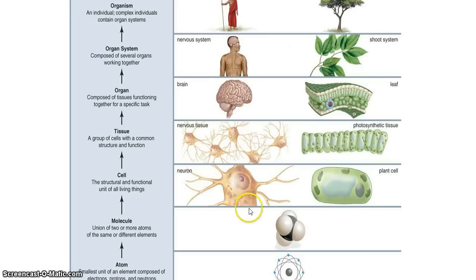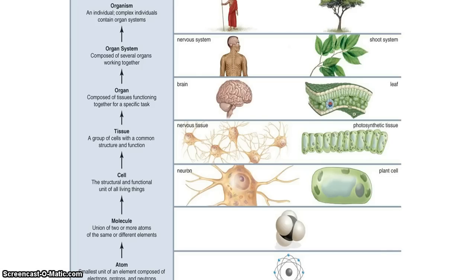But we are going to need to talk about cells. Cells are the next unit. They are the smallest structural and functional unit of all living things. I'd like you to take a moment and draw a comparison between a cell and an atom. Both of them are basic building blocks, but an atom is the very smallest that you can get.